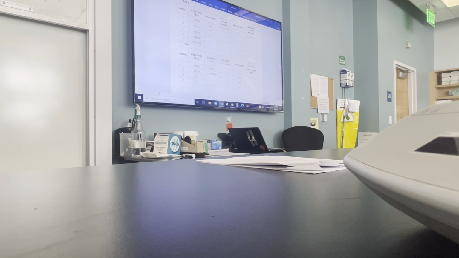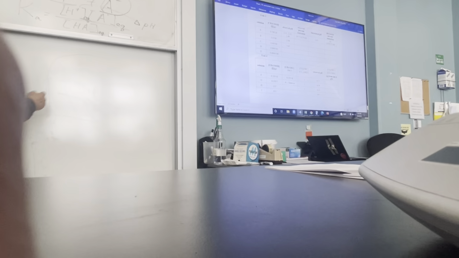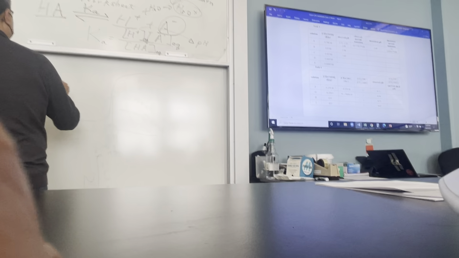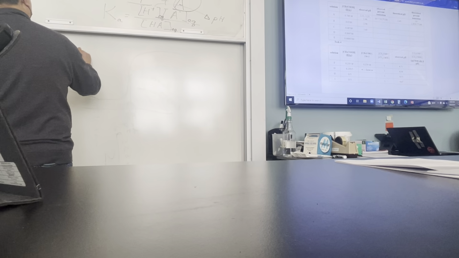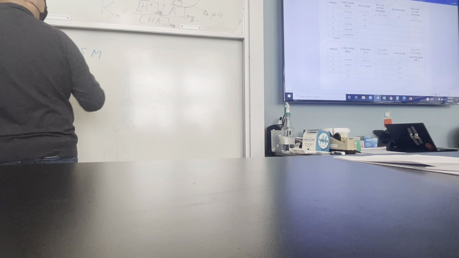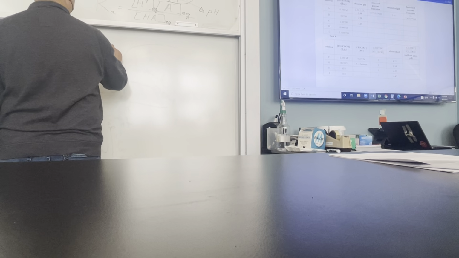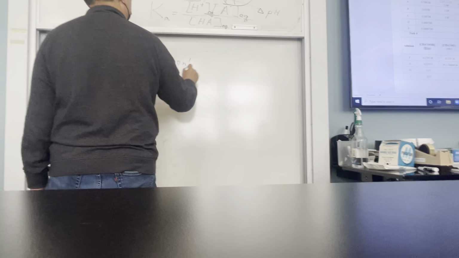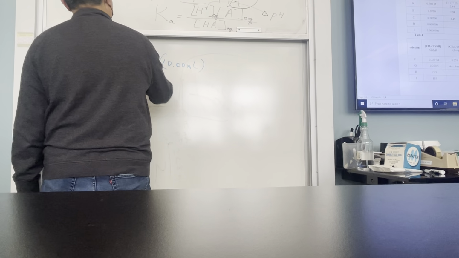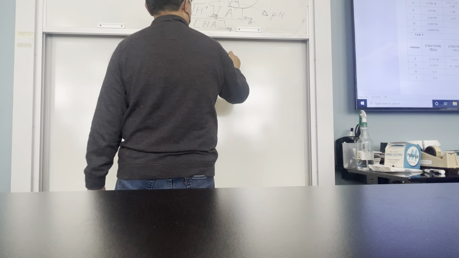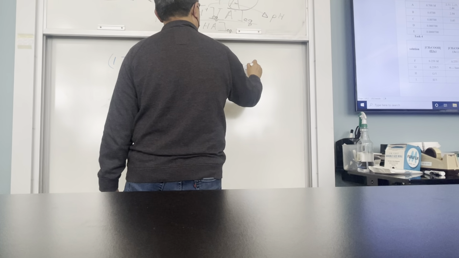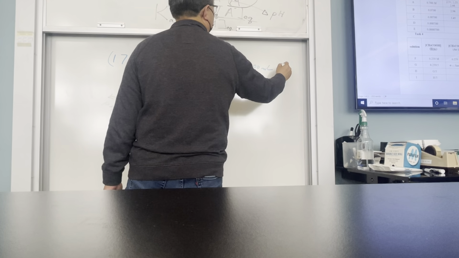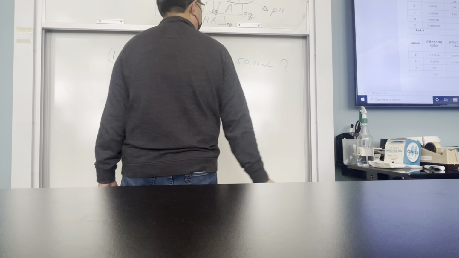So that's the M1V1. Just write it. We have 17.5 molar, and we took 10.00 milliliter, and then we diluted it to 250 milliliter, and then what concentration was that?